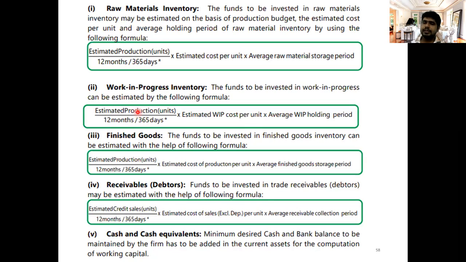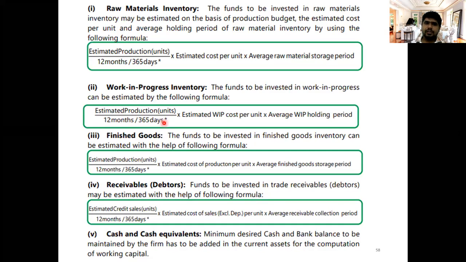So work in progress means the production process has already started but not yet finished. Which means raw material has been used and some employees are working on that. Therefore, we have to add labor cost, and there are some other costs, electricity and rent charges, other direct costs, direct overheads, right?